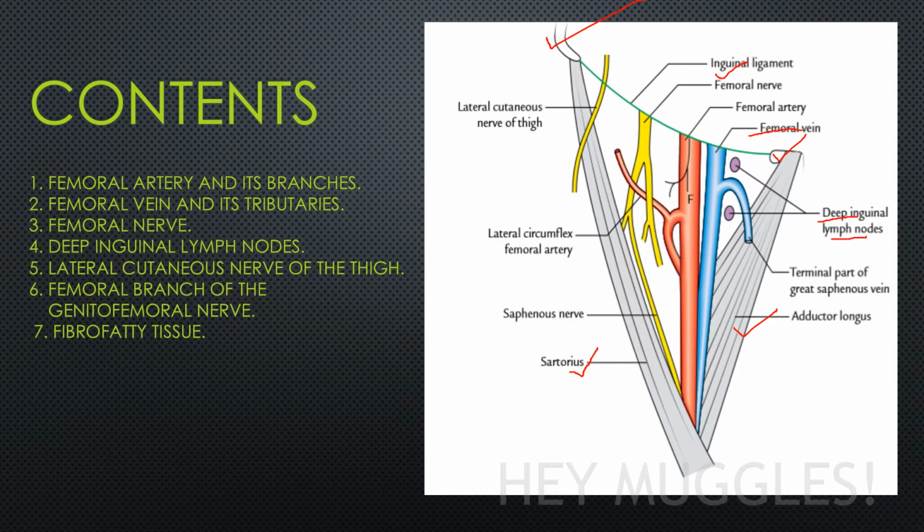So this is your terminal part of the great saphenous vein and it is giving its tributary to the femoral vein. Then we have femoral artery, right? Then we have femoral nerve, and most laterally we have lateral cutaneous nerve of thigh. Okay, is that okay?